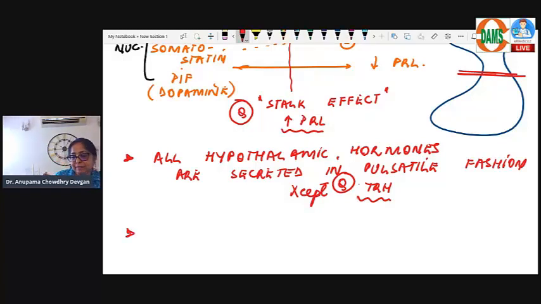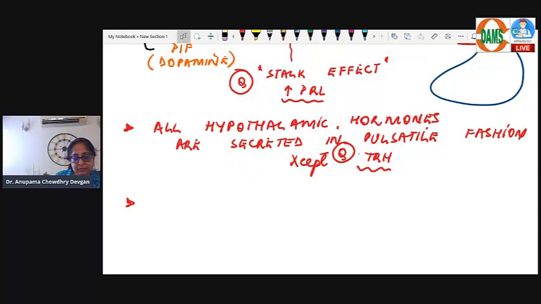Next important point. Gonadotropin releasing hormone is released in a pulsatile fashion, isn't it?